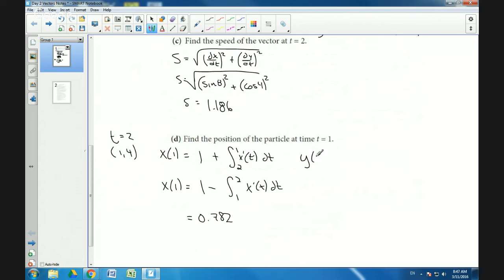It's the same process. 4 minus the integral from 1 to 2 of y prime of t, and we get 4.44. And don't forget to write your final answer of the position at time 1.